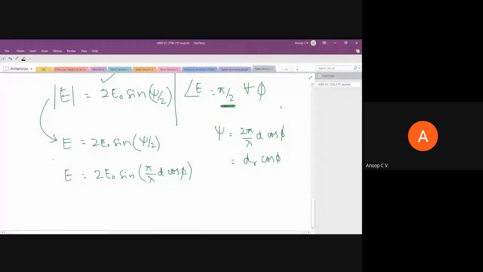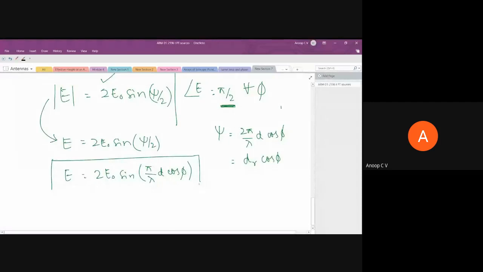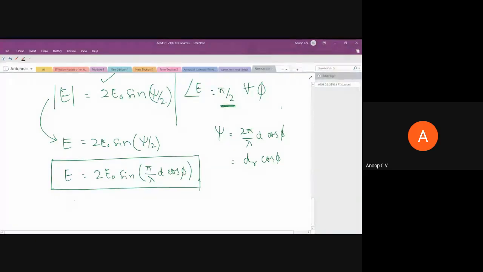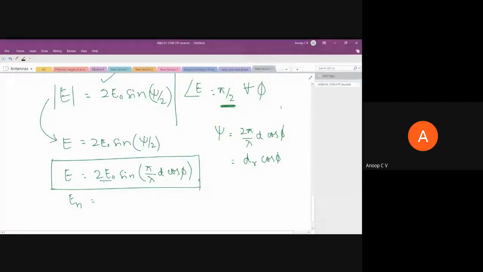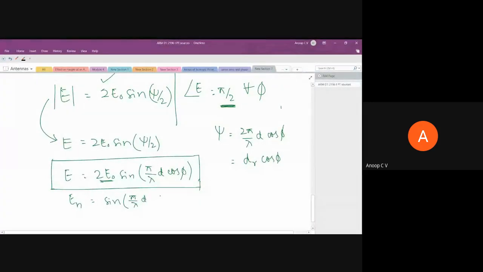This is the second case, the field. If you are asked to derive only the field, you have to write only this much. And of course, the normalized field, you divide by 2E naught, so that will be sine of pi by lambda times d cos phi.